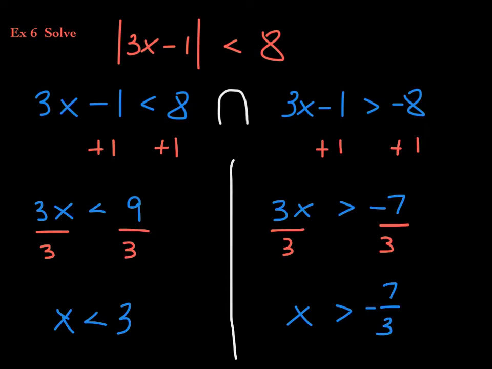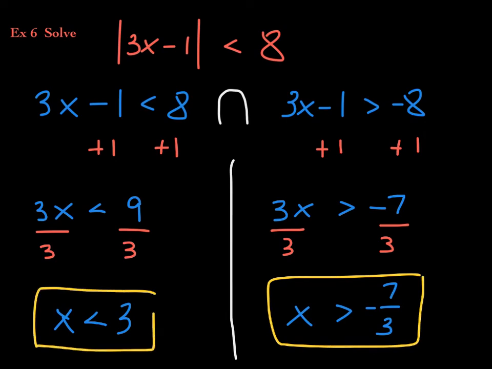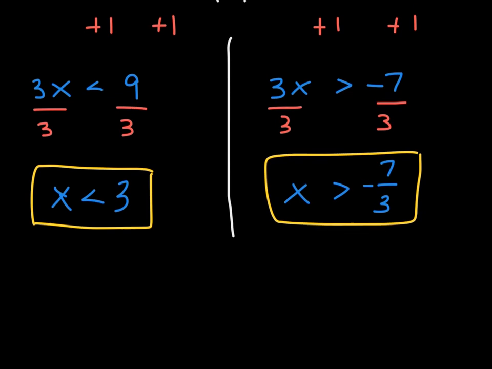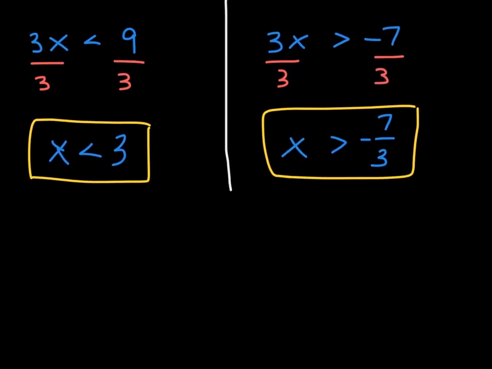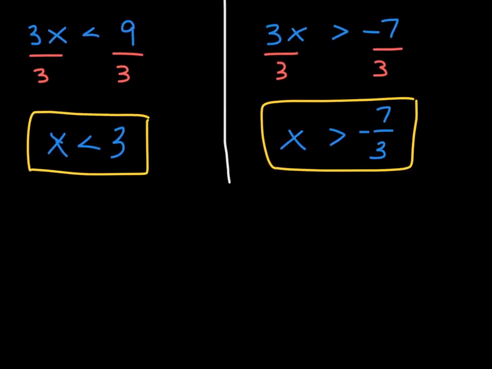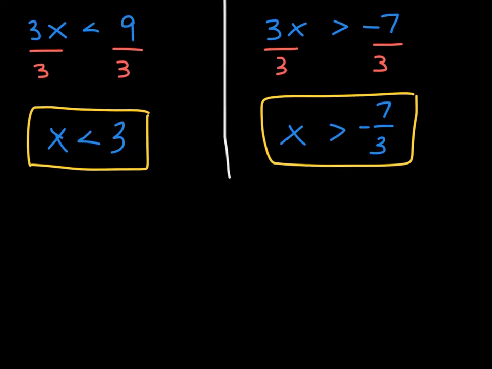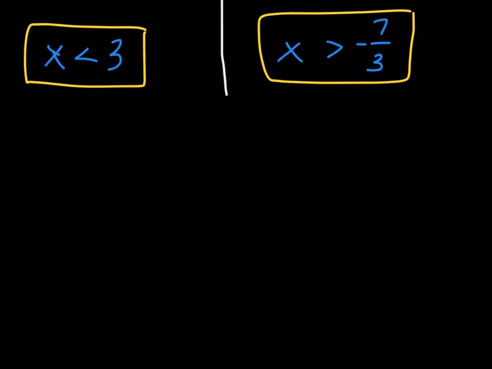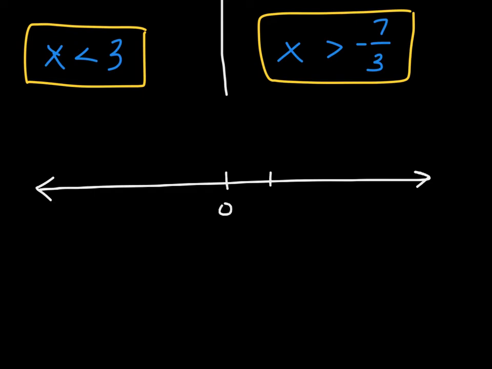Keep these in mind. The word that's in the middle is and. So in order to make it into the final solution set, you're going to have to satisfy both of these statements. Let's draw a picture so that we understand what is going on in this problem. Here's our x-axis. Here's 0, 1, 2, 3.